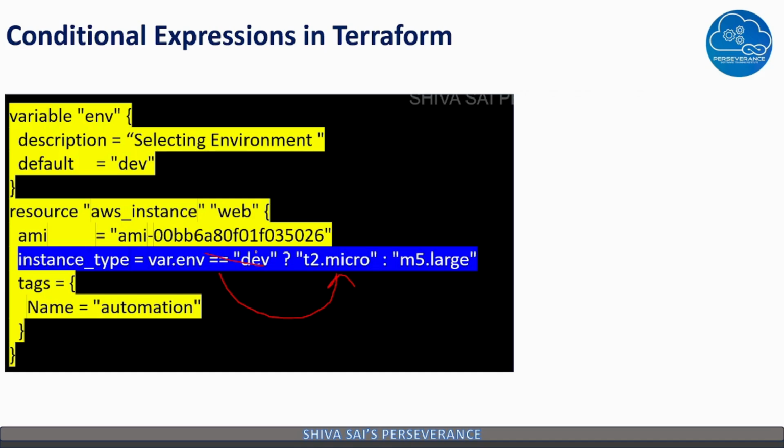If this condition is false, this other value will be taken for instance type. And these are all tags for EC2 on the AWS cloud. Okay, so yeah, we can actually execute this.